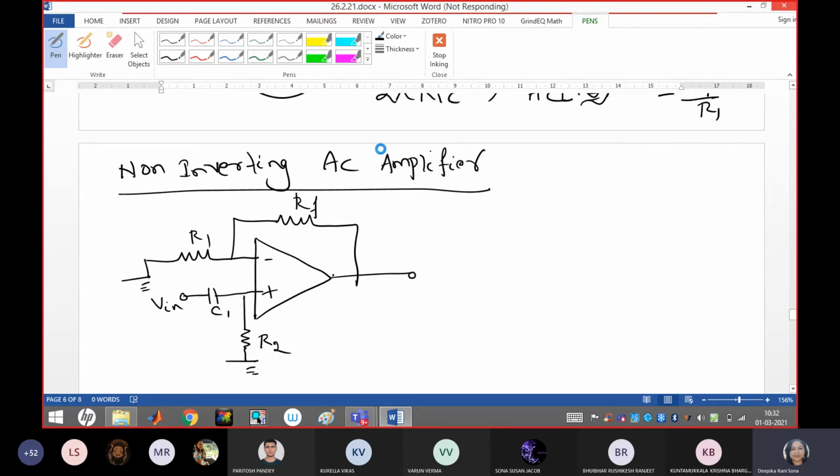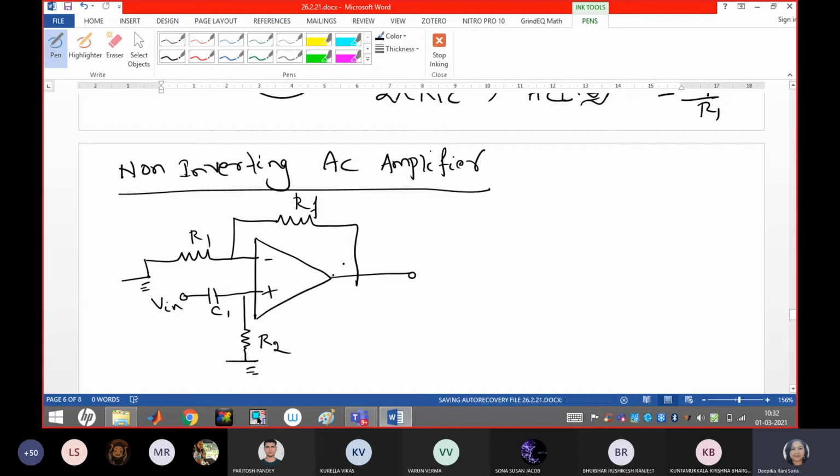But in this circuit, what happens? This circuit will reduce the overall input impedance of the amplifier, which is now at R2. We have to define it in terms of R2. But totally it cannot block the AC component. So what we have to do is use additional circuitry in the non-inverting AC amplifier, because this available R2 is reducing the overall impedance, right?